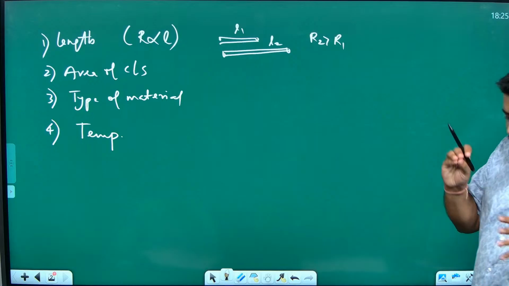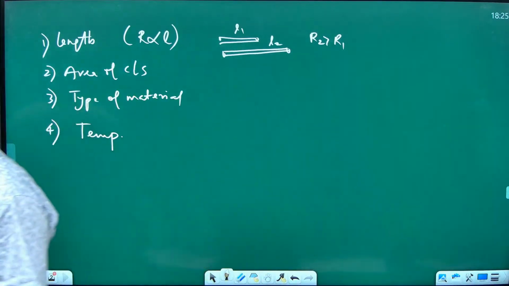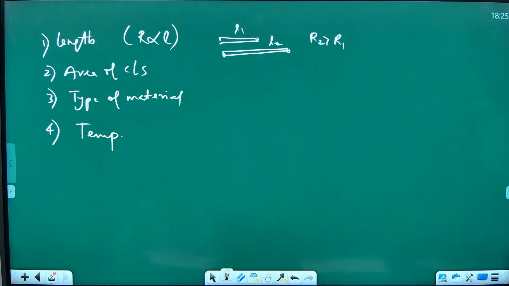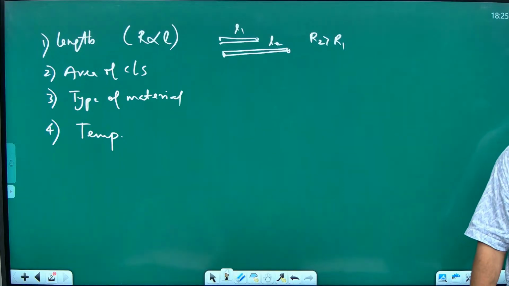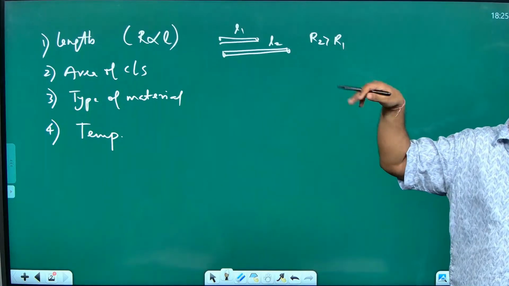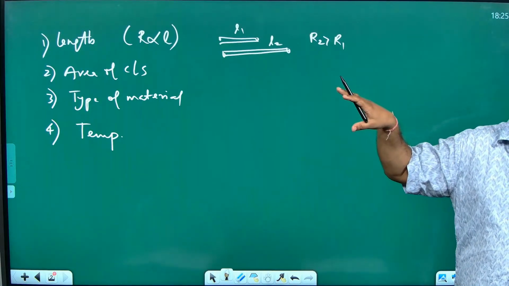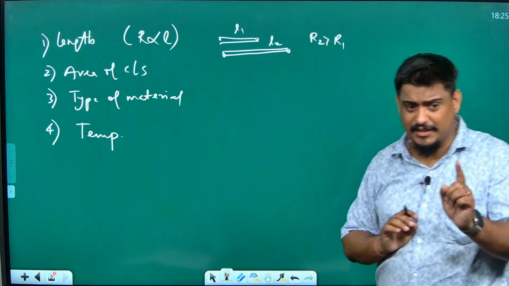So, if the electrons are moving in the conductor and they are hitting each other, then this collision between the charged particles, that only creates what? That only creates the resistance. So, if we have two wires with different lengths, a longer wire has more electrons and it has more chances of colliding. So, it will have more resistance. It is very common sense, please pay attention.